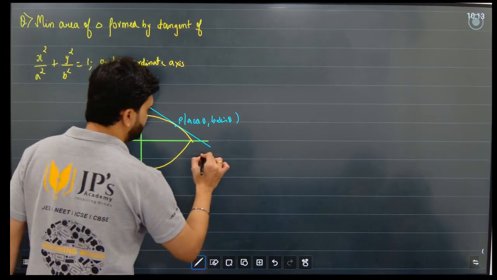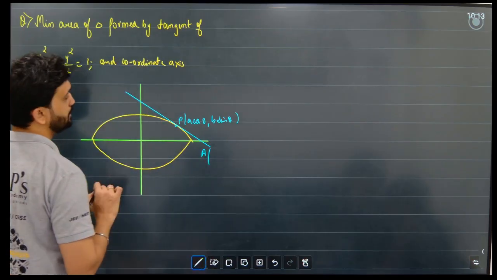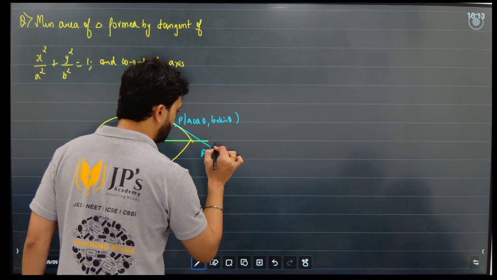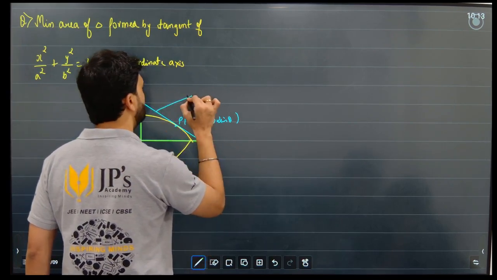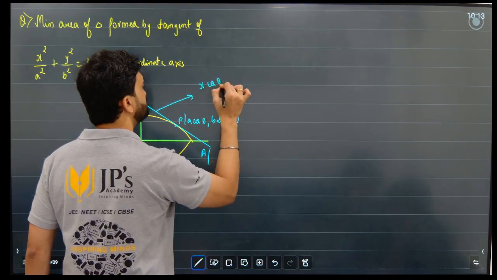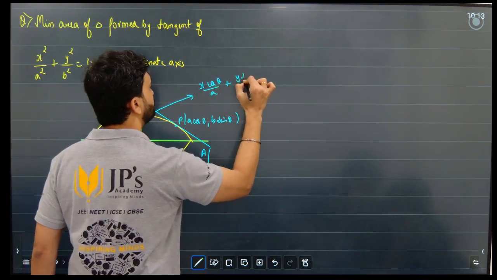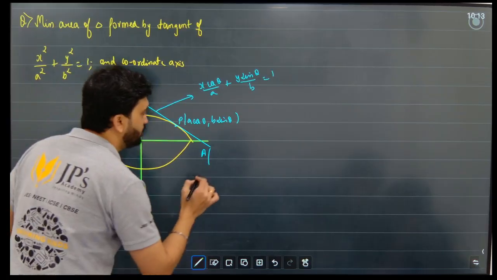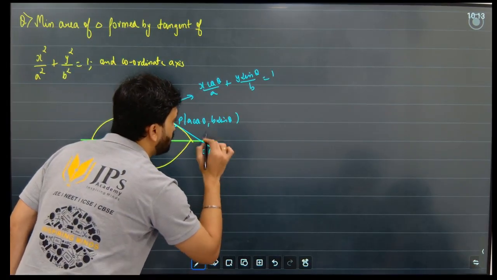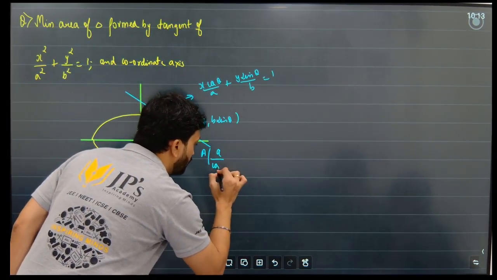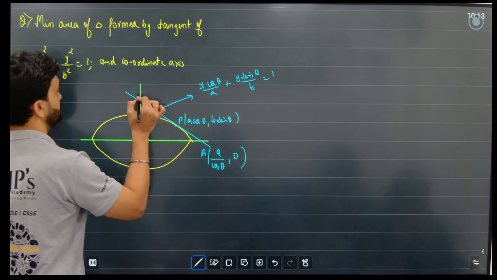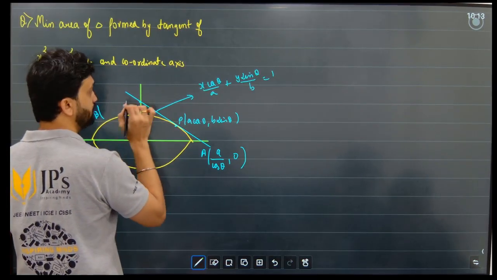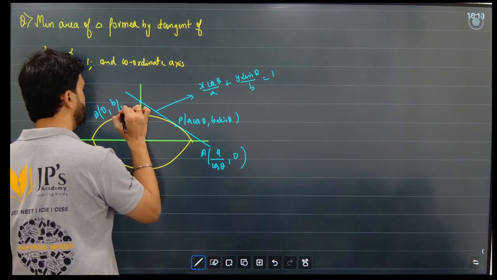It cuts the x-axis at a point, so I know that the equation of this line is x cos theta by a plus y sin theta by b is equal to 1. So the x coordinate will become a upon cos theta comma 0. And if I take the y coordinate, it will become 0 comma b upon sin theta.